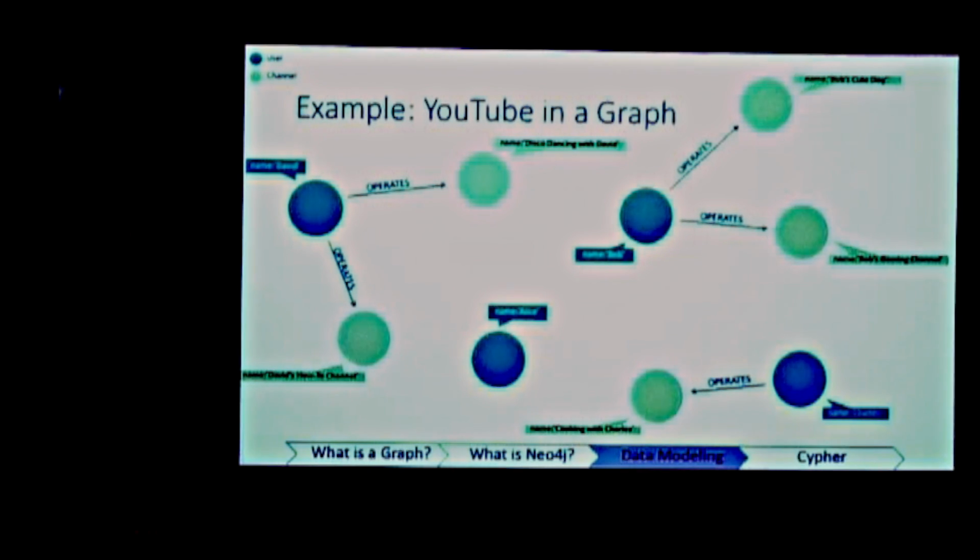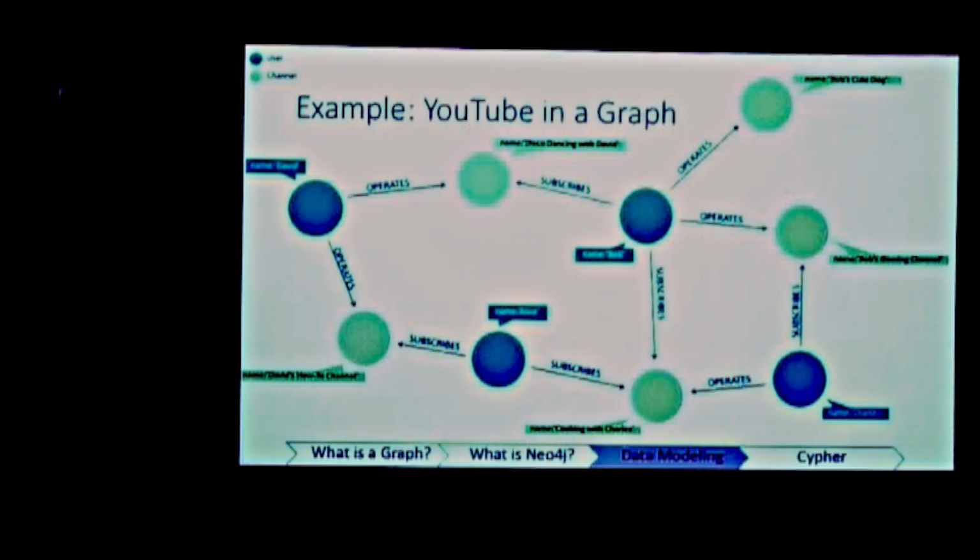Then we also wanted to model users subscribing to other users' channels. So in that case, we would just create a different relationship type in the graph. Here I've called it subscribes, saying this user subscribes to this channel, right?